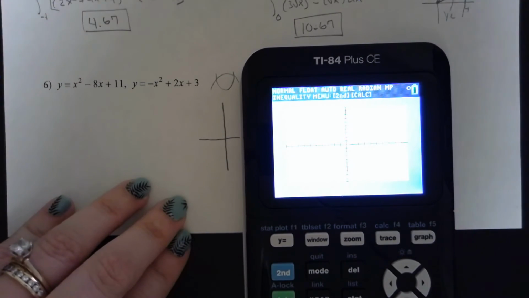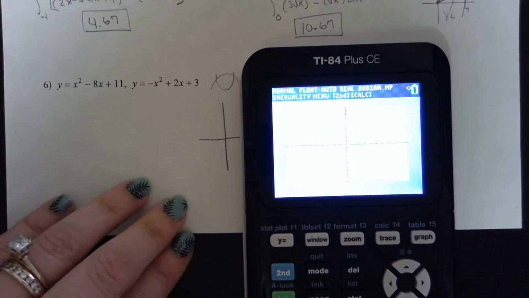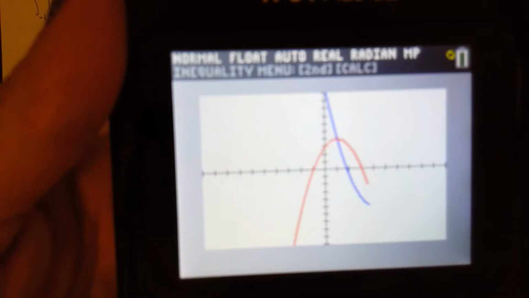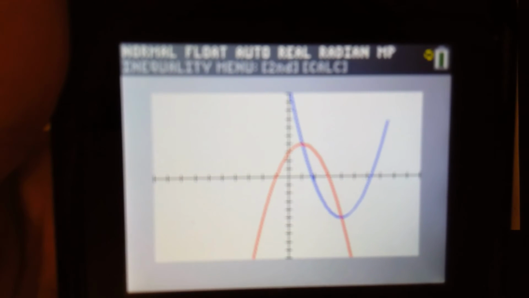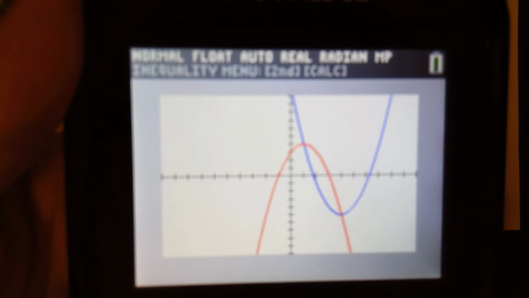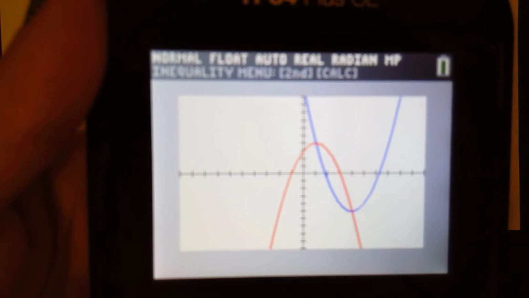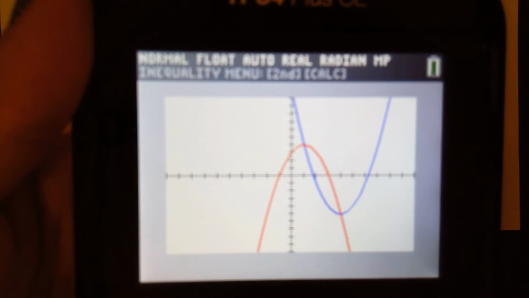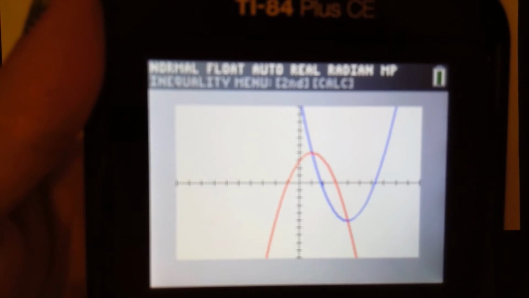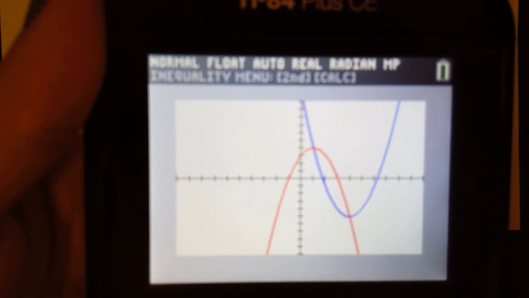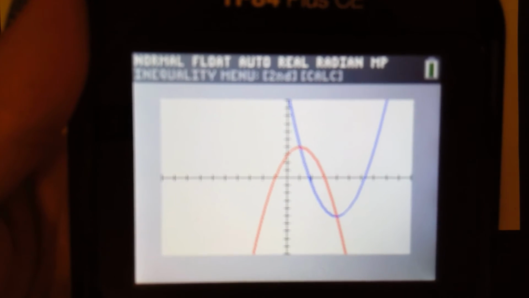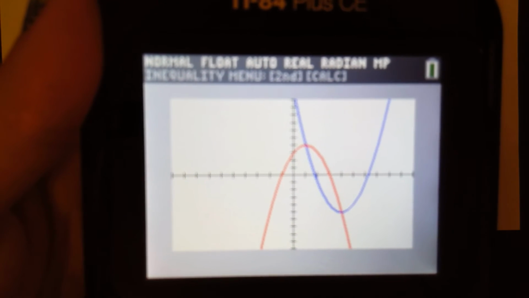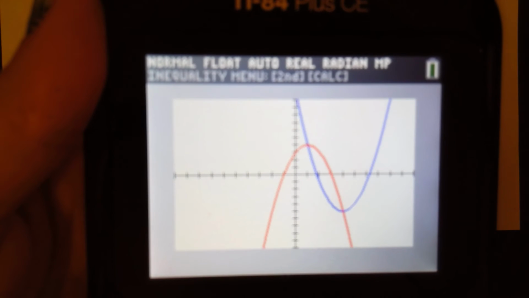I'm going to go ahead and graph it, and as you can see, I am getting that quadratic opening up and opening down. It's not exactly like I thought, but it is my two quadratics. So I can kind of see what I'm going to have to look at here is where those two are intersecting each other. That way I know what x bound to have as my lower limit and my upper limit.